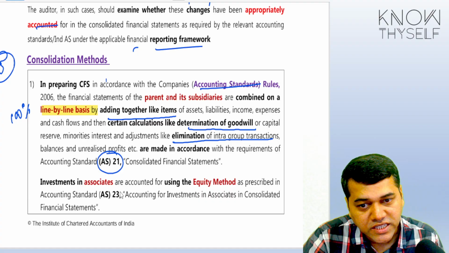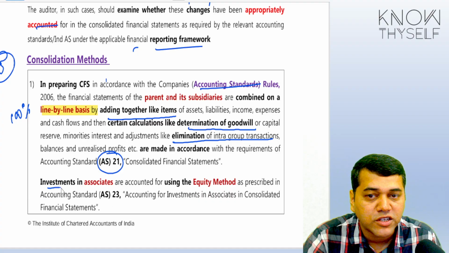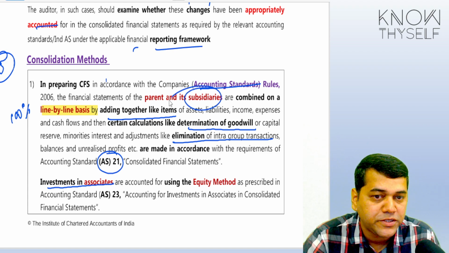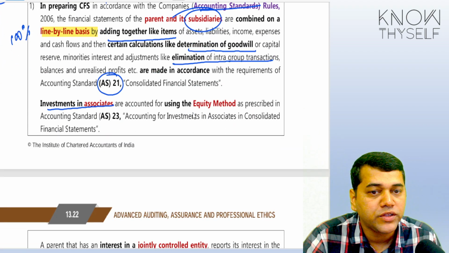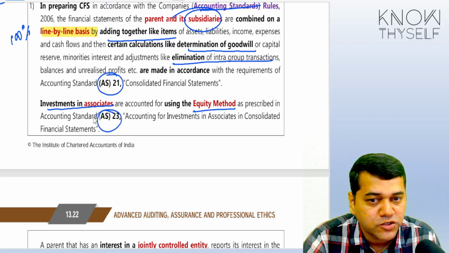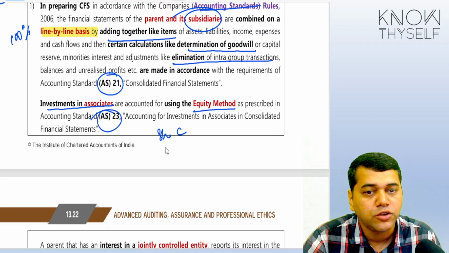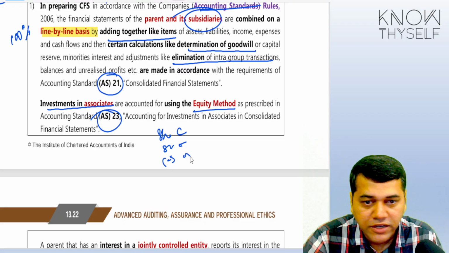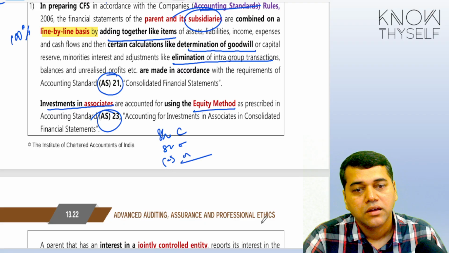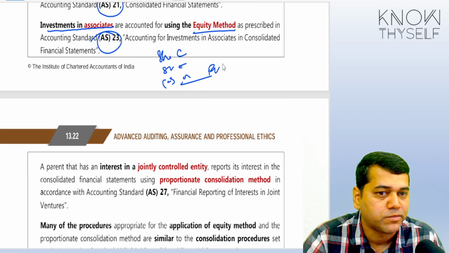In the same accounting standard, if you are doing investment in the associates, not in the subsidiaries, then you should be using equity method as per AS 23, where you take your share of equity, your share of profits, less your dividend, and then your share of fair value adjustments.